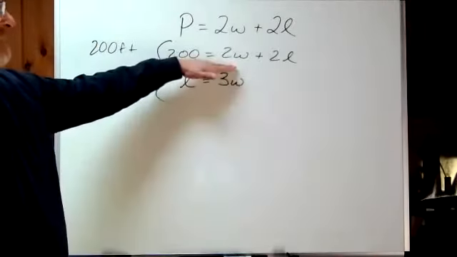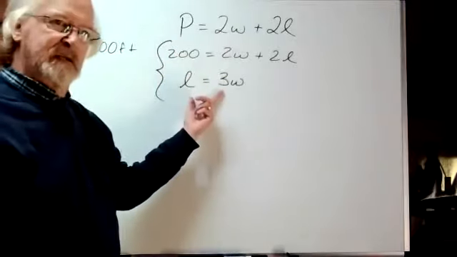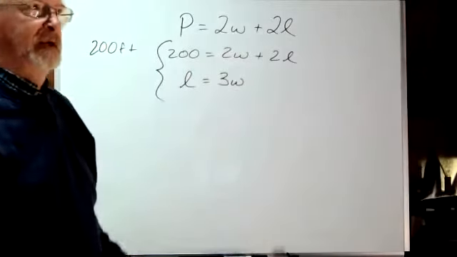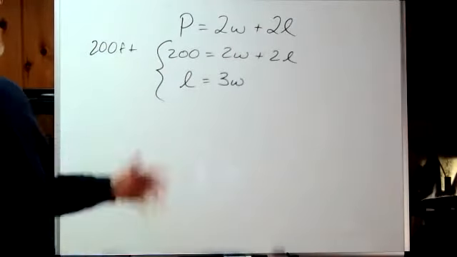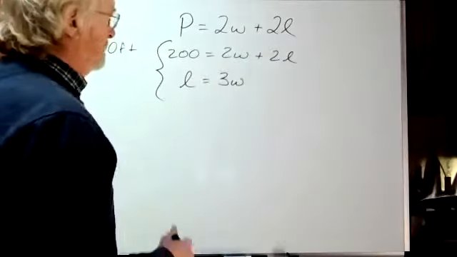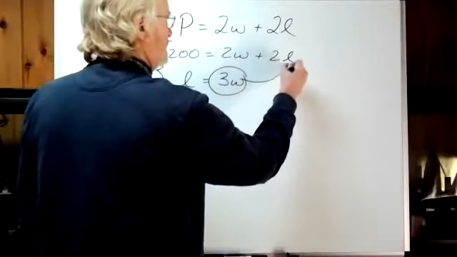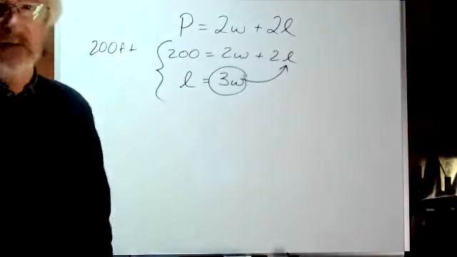We have this initial condition. We know the perimeter formula. And then we have this second condition, second equation. We didn't talk about it as a system. We just said, oh, that means I can take this and plug it in instead of the length.